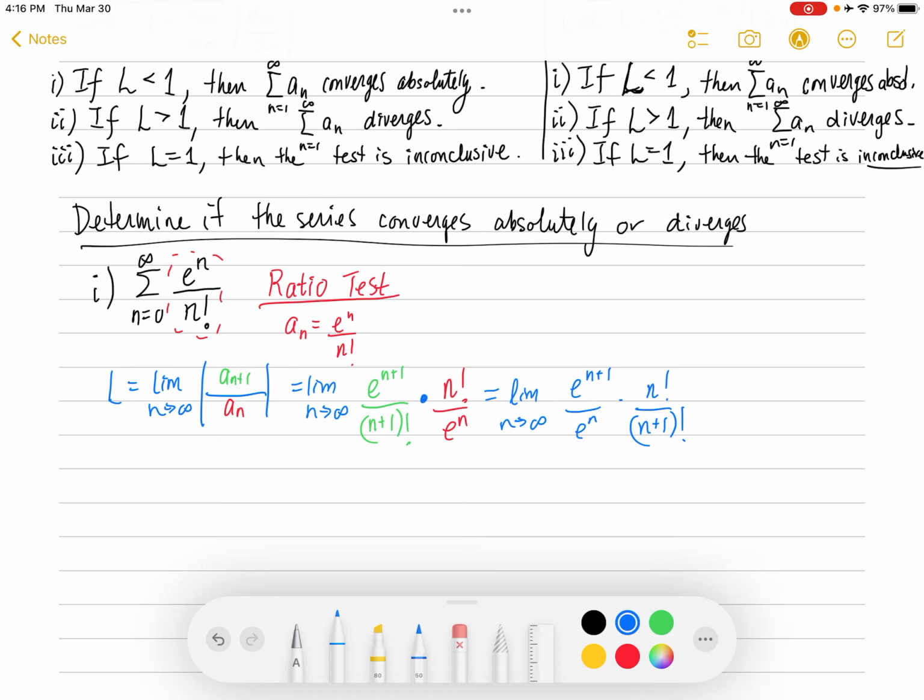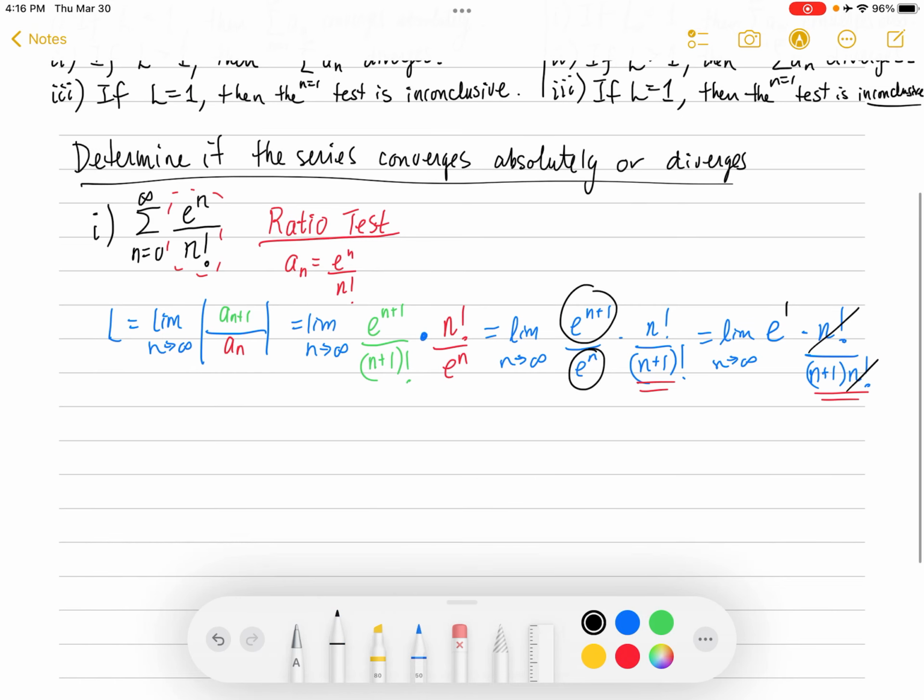So here I've just aligned my e to the n plus 1 and my e to the n, my n factorial, and my n plus 1 factorial. Now I'm going to simplify. If I simplify e to the n plus 1 over e to the n, you basically subtract the powers. So n plus 1 minus n gives me 1, so I'm going to have e to the 1 power. And with the factorials, n factorial on top, and on bottom, n plus 1 factorial is n plus 1 times n factorial.